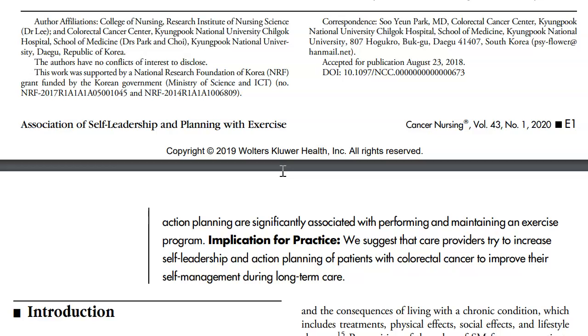So, although this article says we found that being high in self-leadership and having good planning is associated with being better able to do exercise, that doesn't mean that just because you try and improve those things, someone's going to be able to do more exercise. So that is another piece of research that needs to be done.